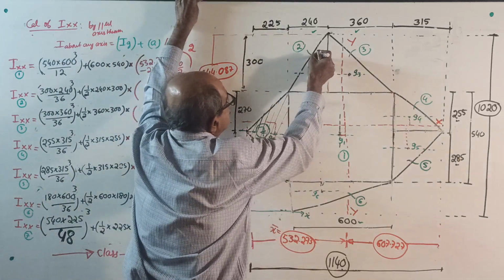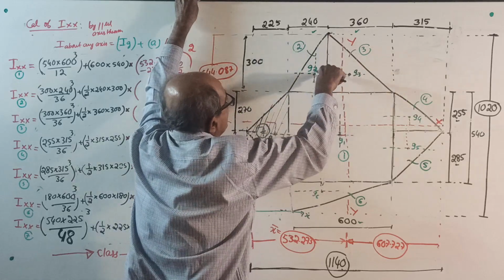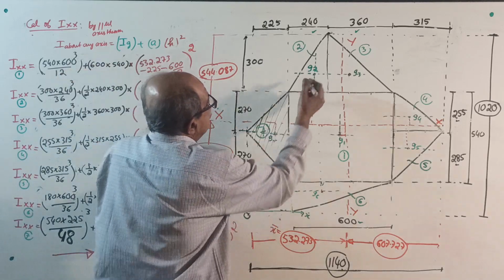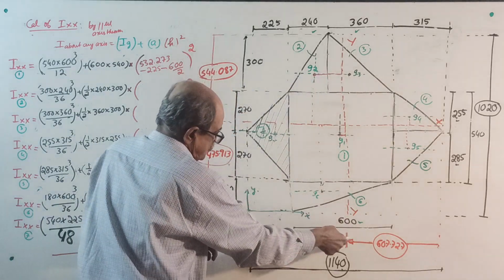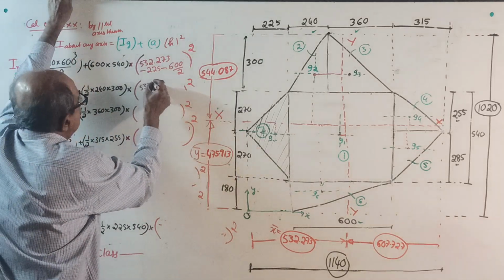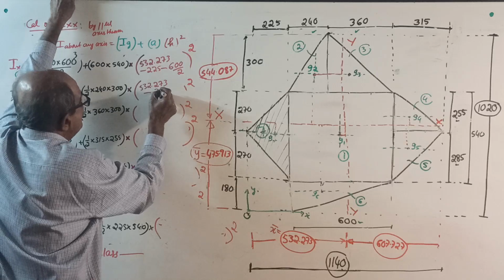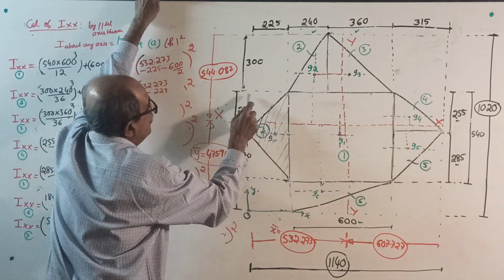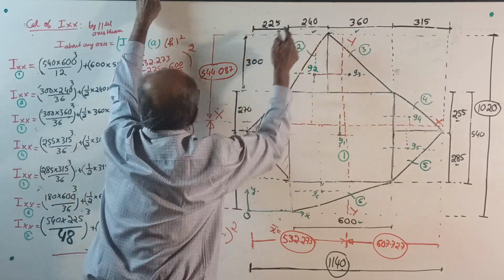I about its own centroidal axis parallel to YY. Parallel side 300 into 240 cube by 36 plus area into, see, from G2 to YY, this distance square is 532.273 minus 225, still not over, 225 minus, see, this distance minus this distance is 2 by 3 of 240.